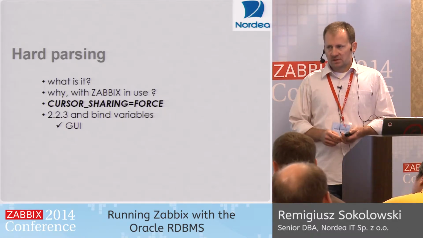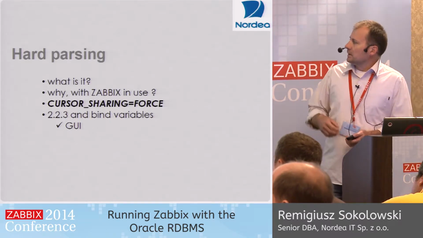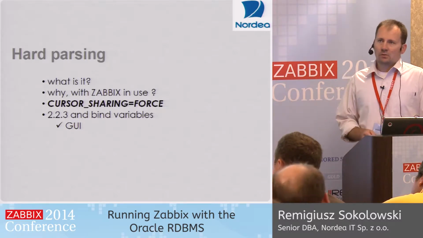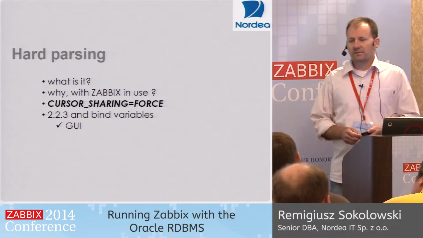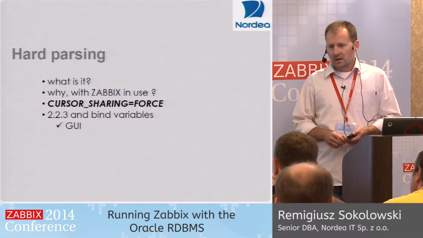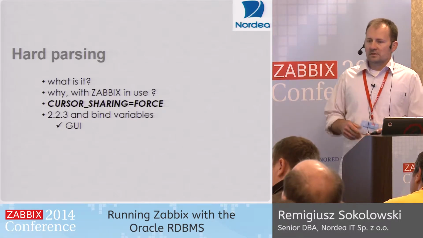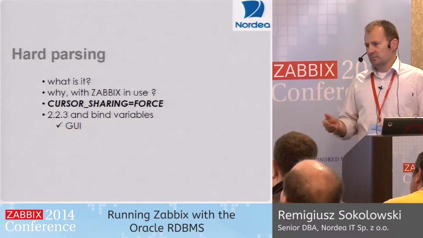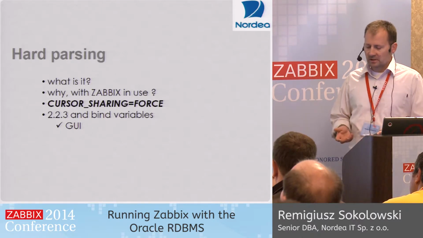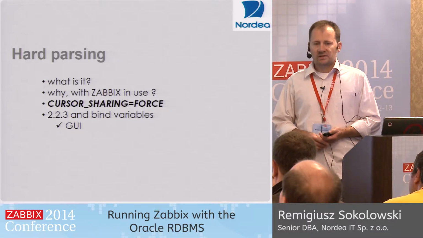So this is a very CPU intensive job. When we first used Zabbix off the shelf, we hit immediately a problem with CPU, which was simply burned, because Zabbix used, at the time, literals in the text of SQLs, and Oracle doesn't like it.